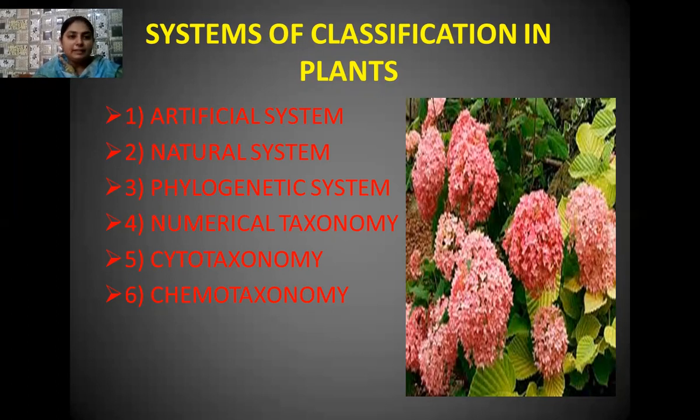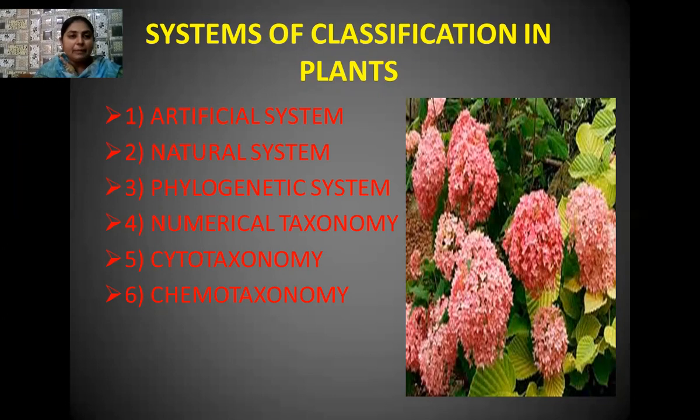The word chemo is generally used for chemicals. So this system of classification is based on the types of chemicals that are produced by the various plant species. All of you know very well, these are broadly categorized as primary metabolites and secondary metabolites. Primary metabolites are actually the product of photosynthesis.